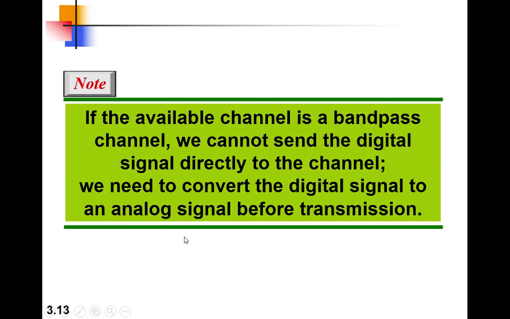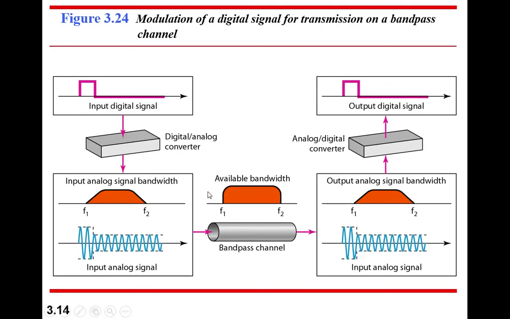If the available channel is a band pass channel, we cannot send the digital signal directly. For this purpose, we need to convert the digital signal into an analog signal before transmission. This is also called modulation of the digital signal.